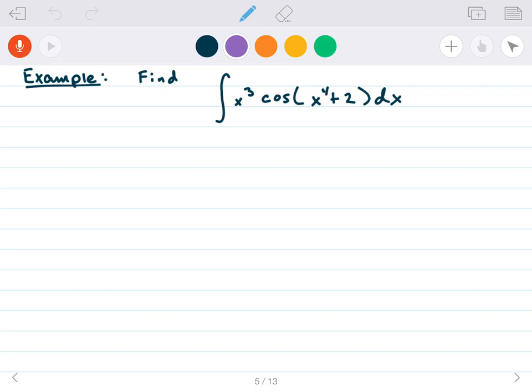What does u equal? Well, 9 out of 10 times, as I said, if you're within a function, you want to let u equal that. So what I mean by that is I see a cosine function and I see an argument of this, and I'm thinking to myself, wow, if that was gone, it would make this a whole lot simpler.